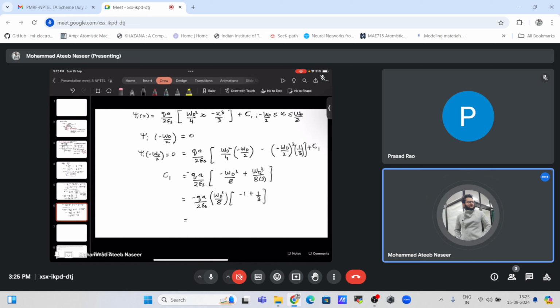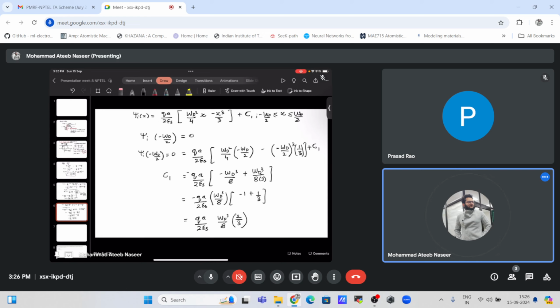Minus and minus will go, so it will be qa by 2 epsilon s Wd cube by 8 times 2 by 3. So this is what we have got for the value of the constant c1.